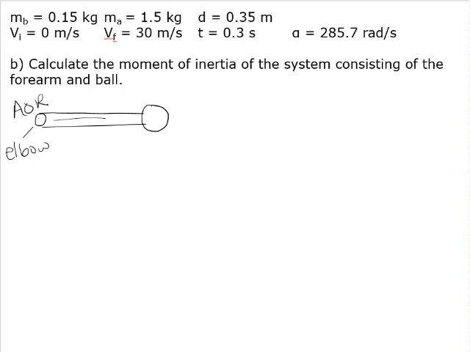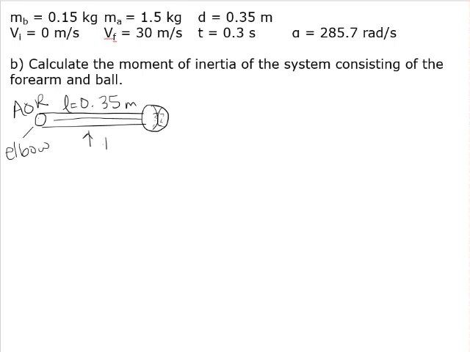We have the forearm here, which has a length of 0.35 meters. And then we have the baseball on the end. So this is kind of like a mass hanging down from the end of a thin rod.